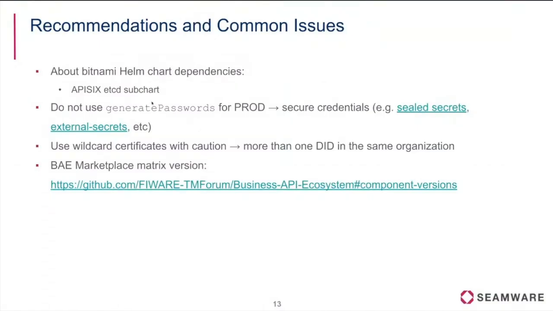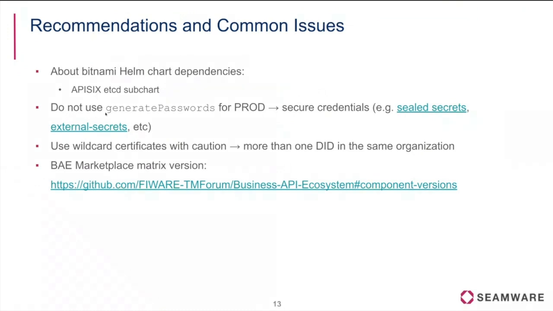About Bitnami Helm charts, as you can see, we have a lot of dependencies, but we did a lot of work to avoid the Bitnami Helm charts, and right now the only one is the APISIX etcd, if you enable etcd, of course, which is a dependency in APISIX. So it's not a dependency that we can control, let's say.